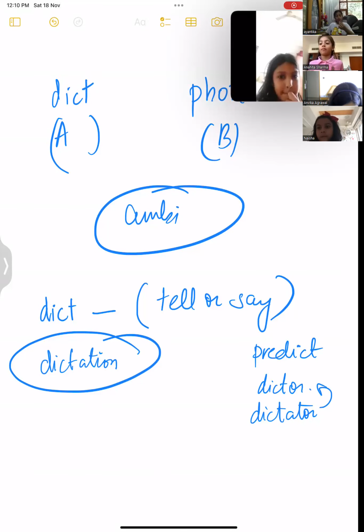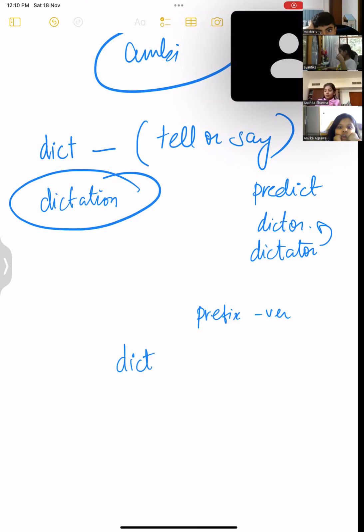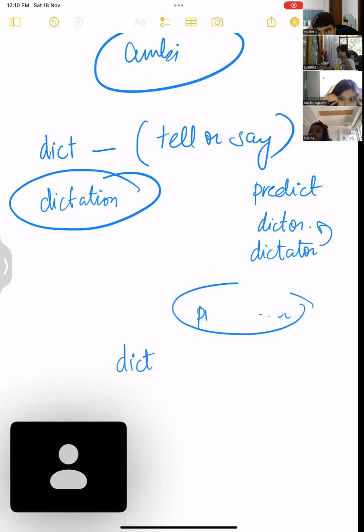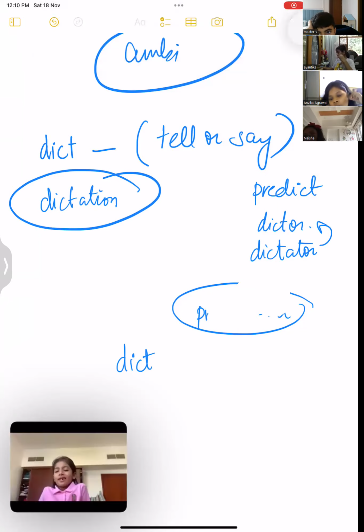Anahita, there is this word dict. You have to add a prefix word to dict. Tell me what will be the new word. Prefix is attached before or after? Verdict.